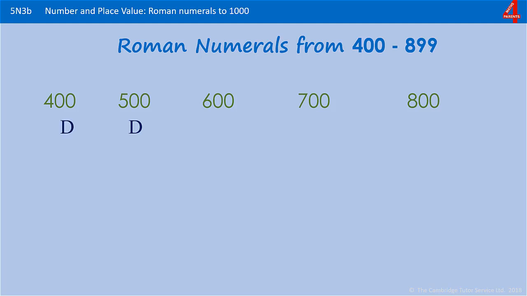So we will have the 500 with this C for 100 before it. 600 will be the other way round. 500 with the 100 after it, because we're adding it on. 700 will be 500 add 200, 800 will be 500 add 300.